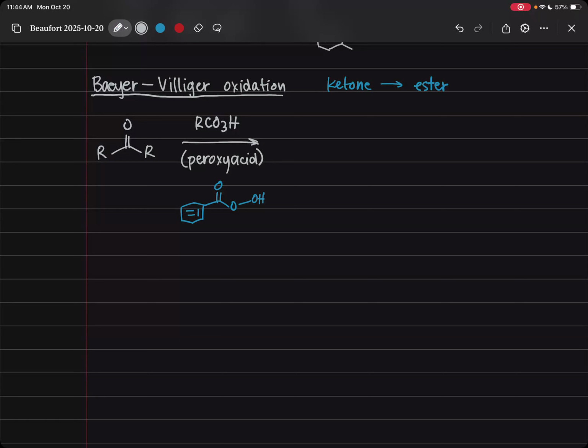And unsurprisingly, it really wants to get rid of that oxygen. And so it's going to give it to the ketone. And our ketone becomes an ester.